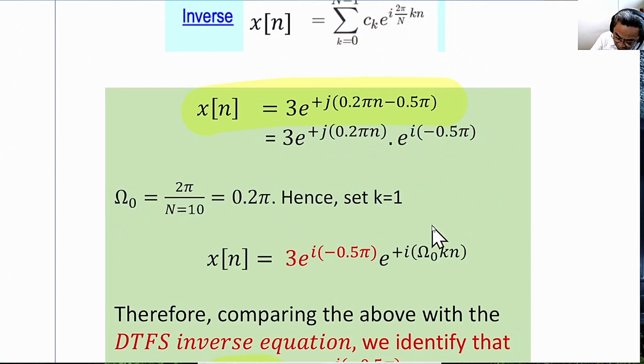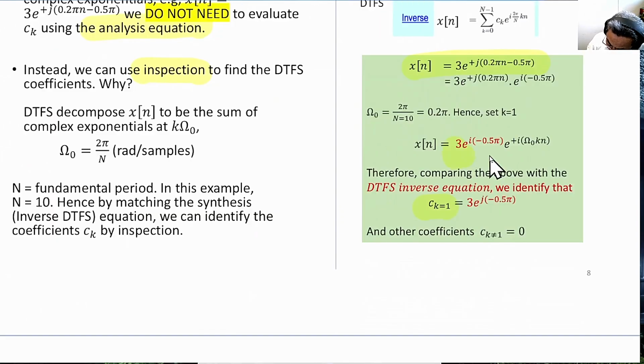So what are we identifying now? We are having a complex number 3e with phase of minus 0.5 pi multiplying by this complex exponential.